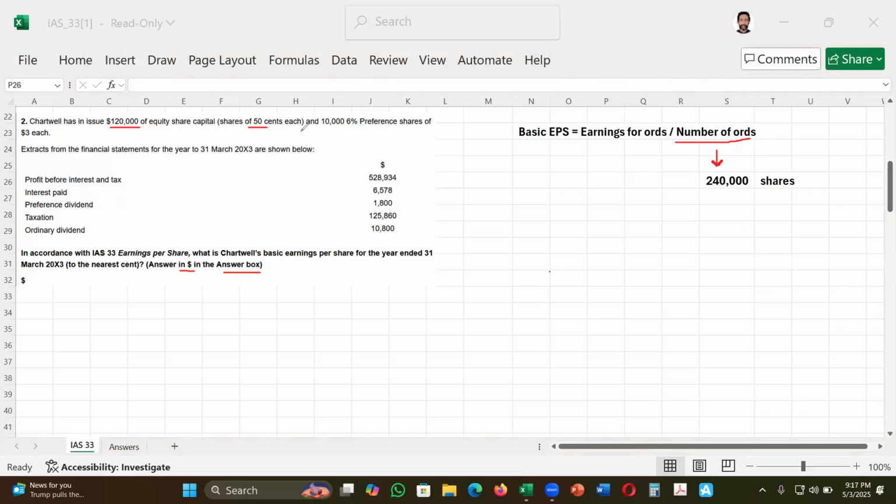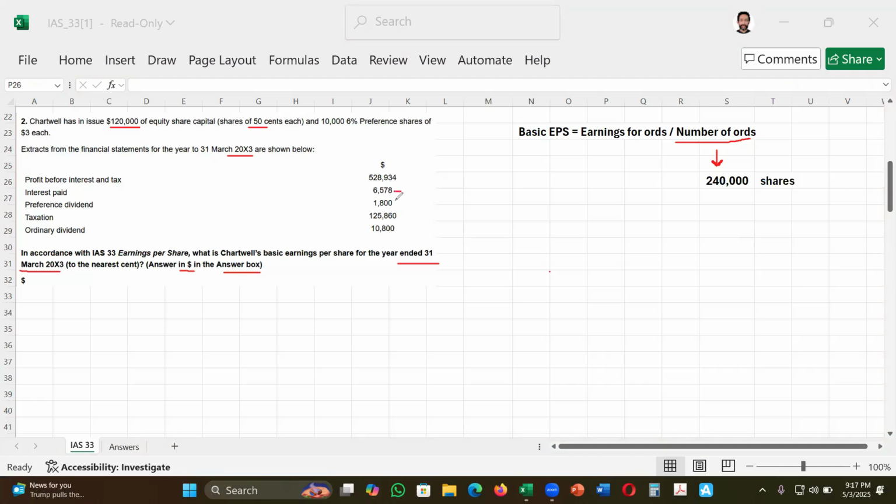So what is the situation of earnings here? Extract from financial statements for the year ended 31st of March 2023. This is the same period for which we have to calculate the EPS. So the earnings are, we have the profit before interest and tax, we have the interest paid, so we're going to deduct this interest.